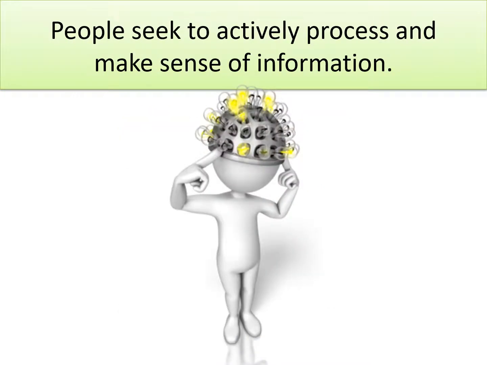People seek to actively process and make sense of information. Now, this last concept is called active processing. They need to actively select, organize, and integrate what's important into their own prior knowledge and mental structure. When creating PowerPoints, ask yourself if the presentation guides the process of selecting, organizing, and integrating information.